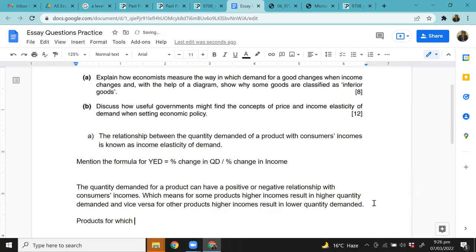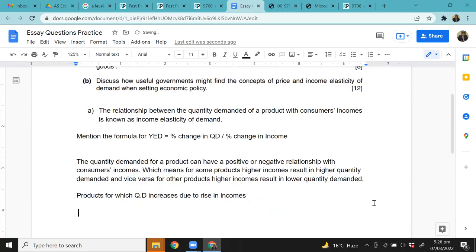Can you give me some examples of products for which quantity demanded increases due to a rise in incomes? They are known as what?